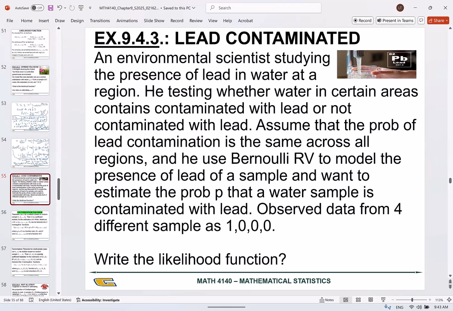Assume that the probability of lead contamination is the same across all the regions, and he uses a Bernoulli random variable to model the presence of lead in a sample, and wants to estimate the probability P. He observes data from 4 different samples as 1, 0, 0, 0. Write down the likelihood function. So this is another example.